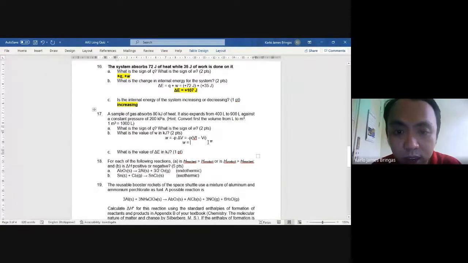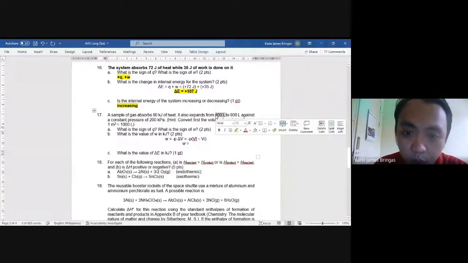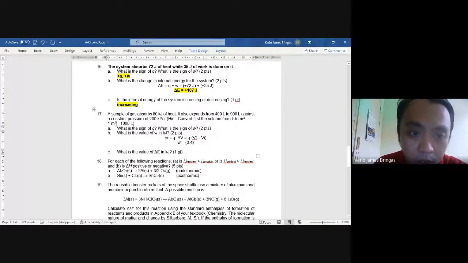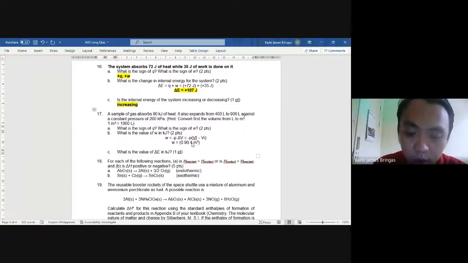Okay, thank you, Jibril. So we have 400 liters, which is the initial volume, equal to 0.4 cubic meters. How about the final volume? 0.9, sir. Okay, that's correct as well.